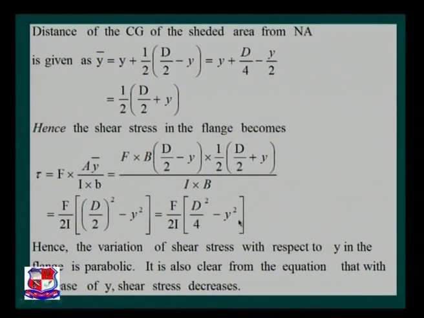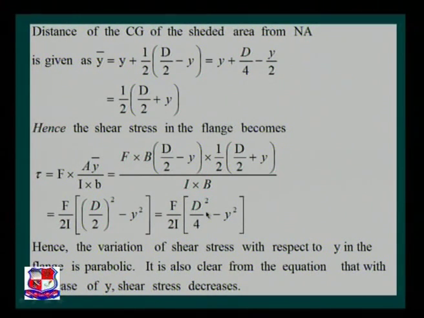Hence the variation of shear stress with respect to y is of parabolic nature. Interesting observation, because tau is equal to F over 2I bracket d square by 4 minus y square. F is the shear force acting at a section, a constant value for a given loading. I is constant for a given section.